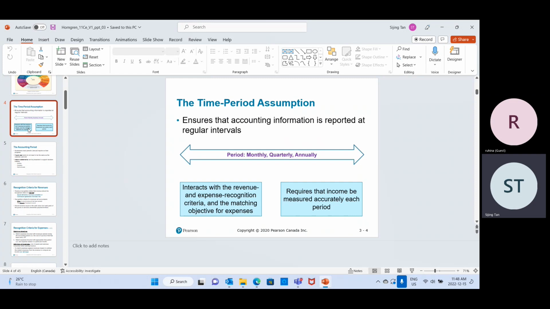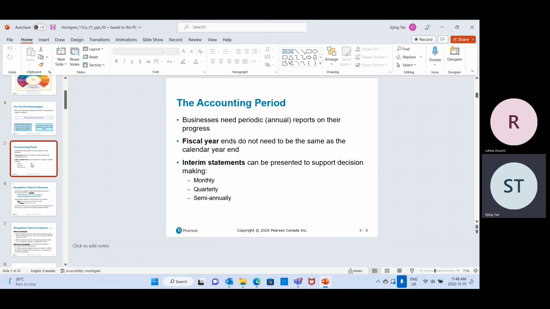The time period assumption ensures that accounting information is reported at regular intervals. It defines the accounting period and interacts with revenue and expense recognition. Now, the accounting period is normally 1 year. There are 2 different kinds: a calendar year, which runs from January to December, or a fiscal year, which can be any 12 months, corresponding with a low point in business activity.